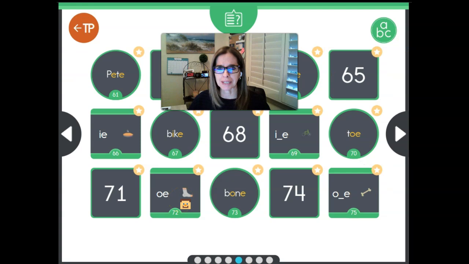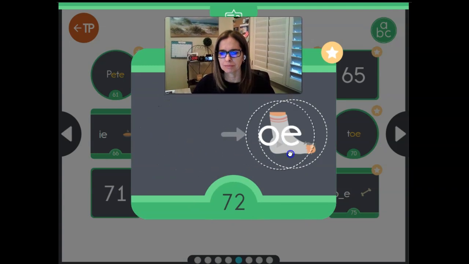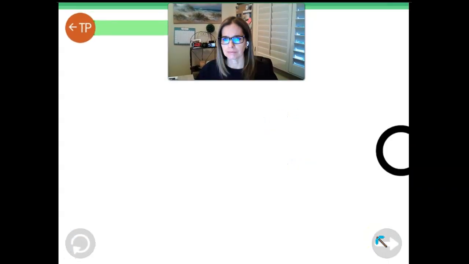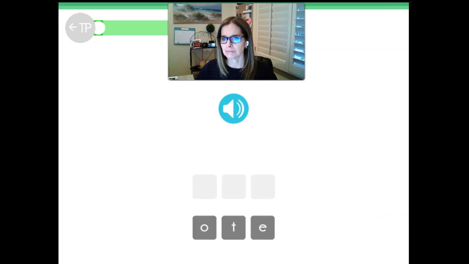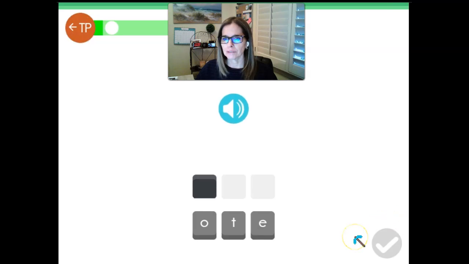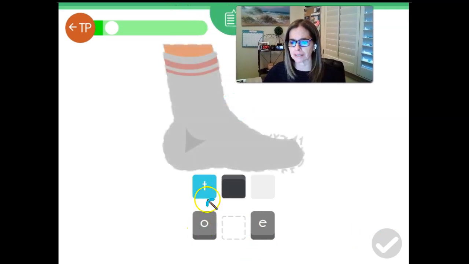So let's practice with that spelling of the O sound. O, as in toe. So now once again, I will build the word toe with the letter tiles.